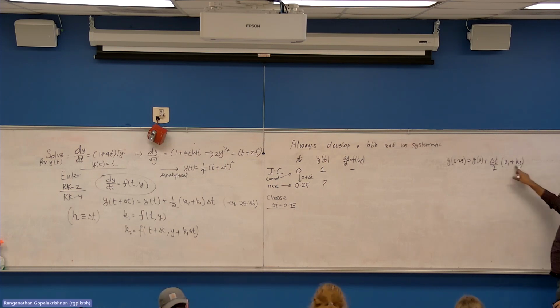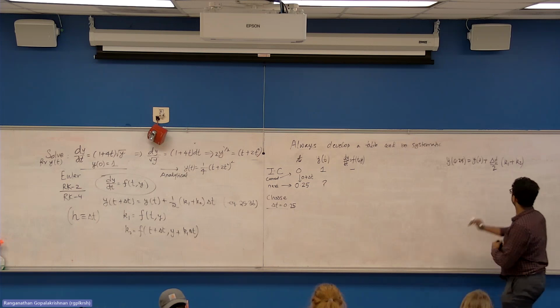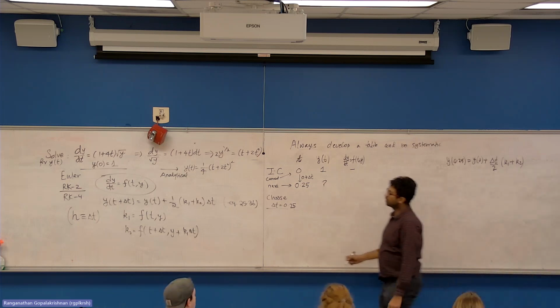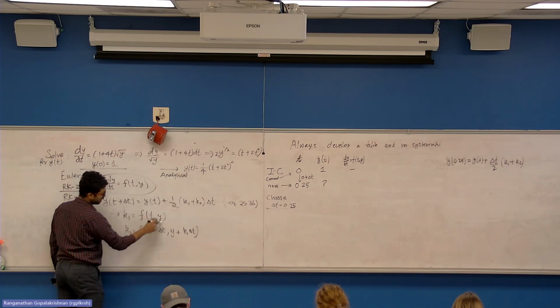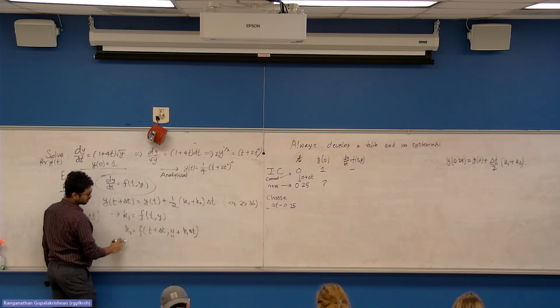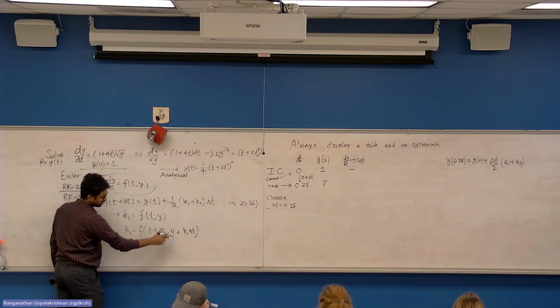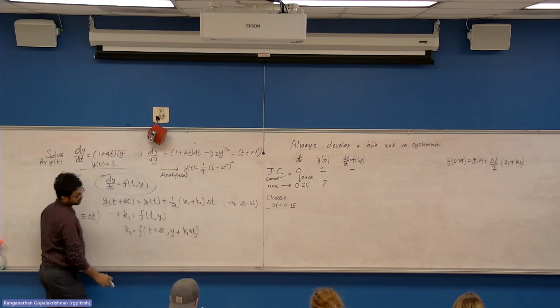So you need to add two columns. Remember what is k1? K1 is the function evaluated at t and y. K2 is the function evaluated at t plus delta t and y plus k1 delta t.